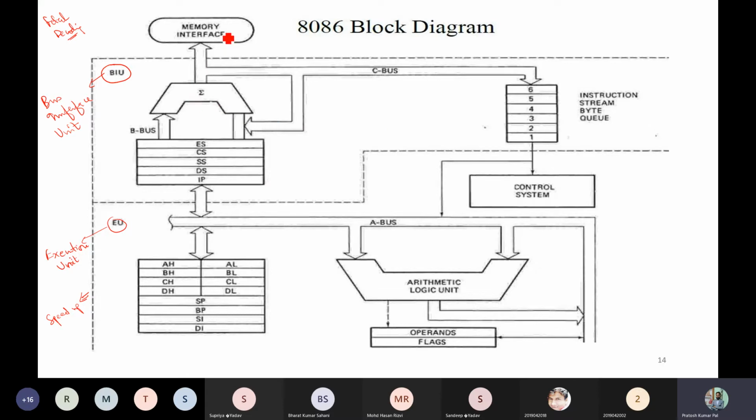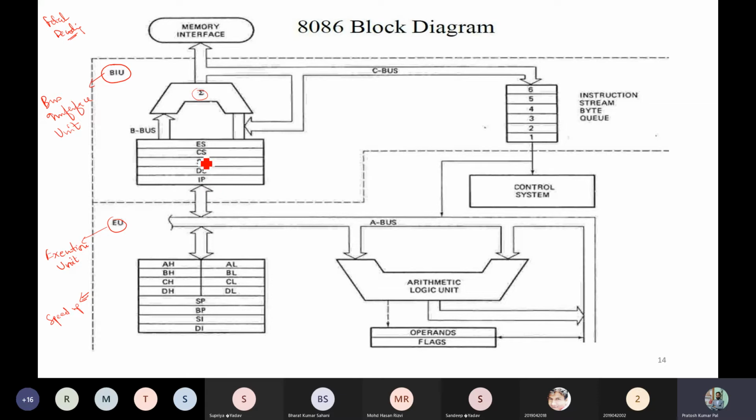Okay, so here there are different modes. In that there will be a memory interface. Here is the summation. Okay, so here the bus is there. This will be having different registers basically. So these are called code segment, data segment, instruction pointer.